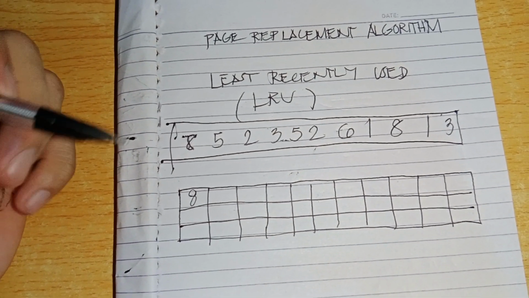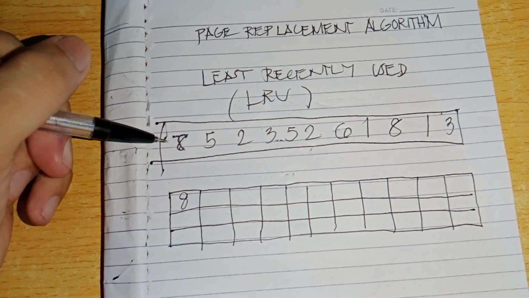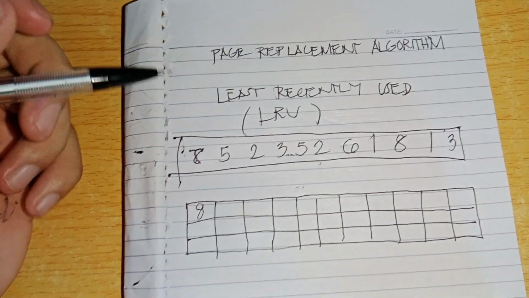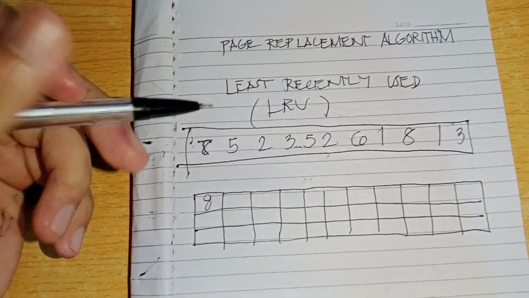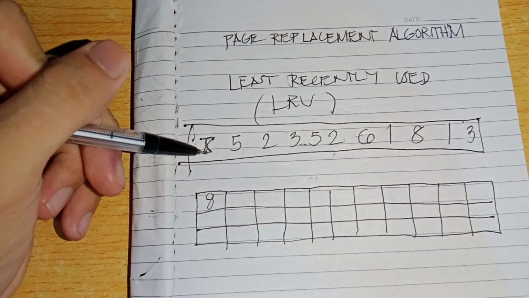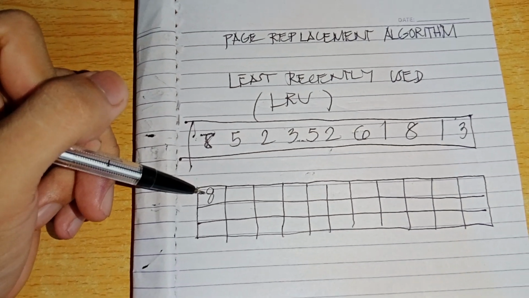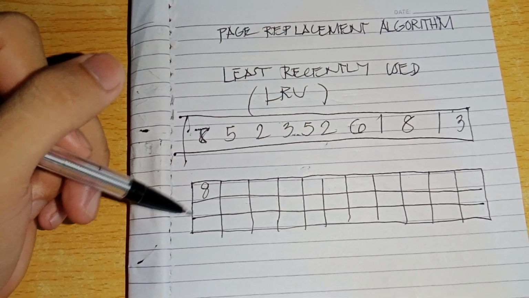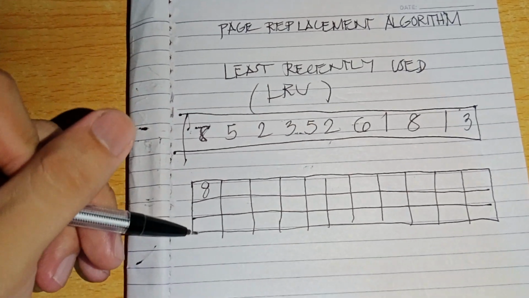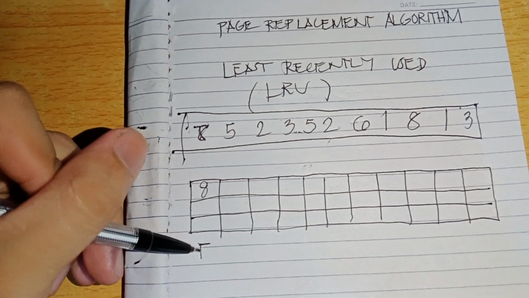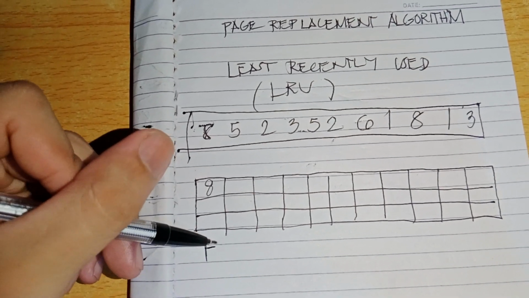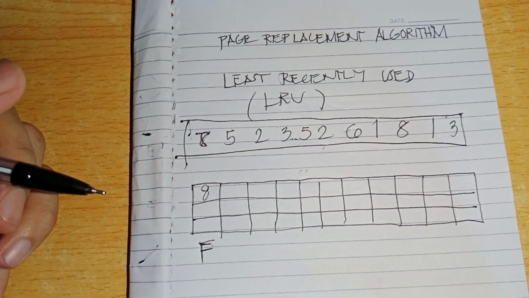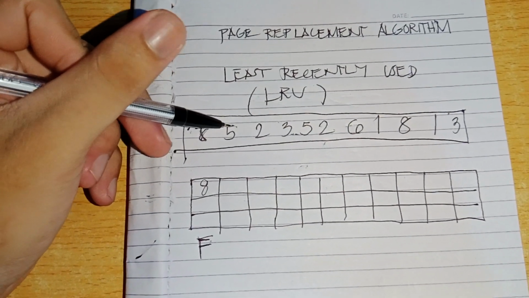space, and of course we encode it by the rule of page replacement. Of course, we encoded a new value which is not yet encoded in this frame or in the data. So we have to put a page fault, which is symbolized by F. Then next, 5.